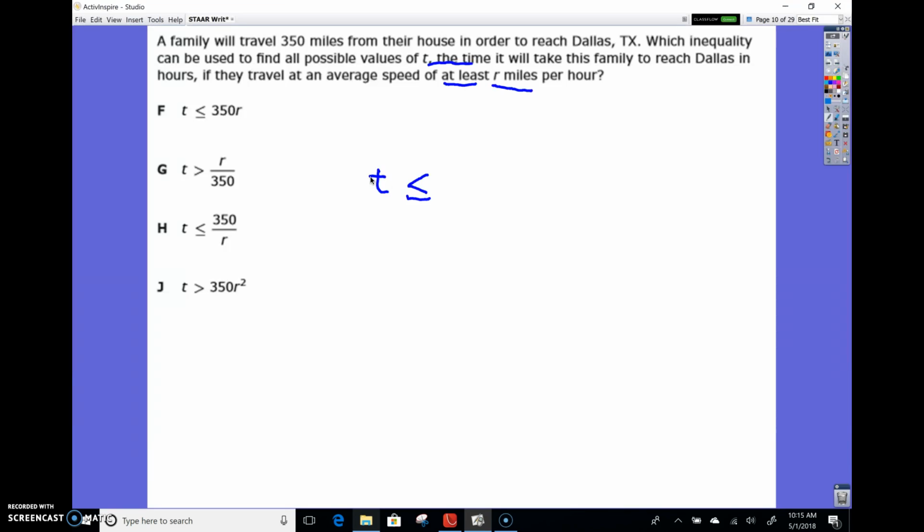Remember, speed is equal to distance divided by time.